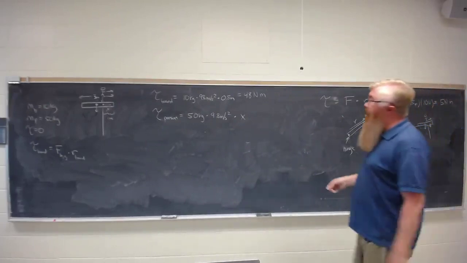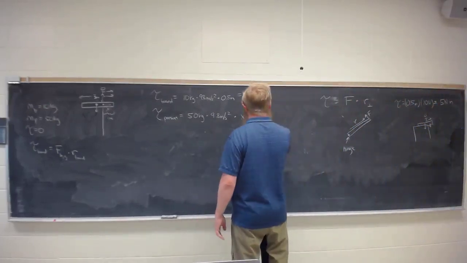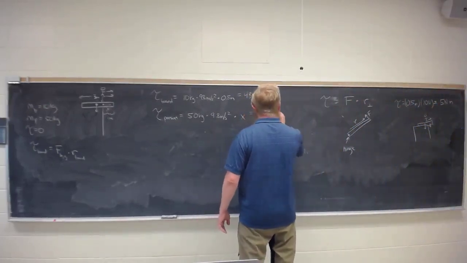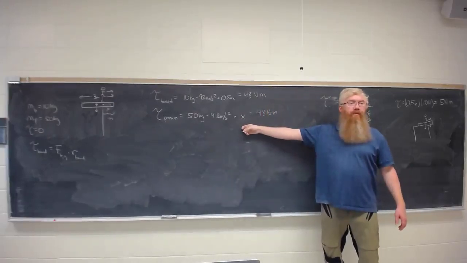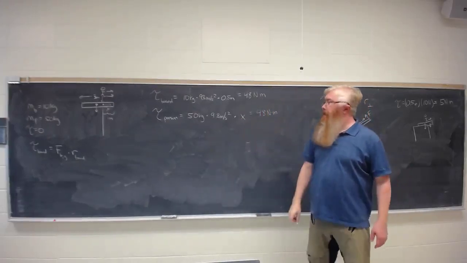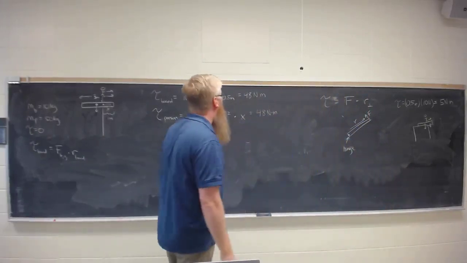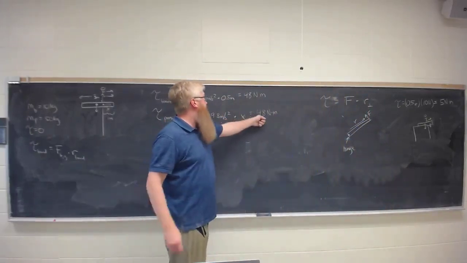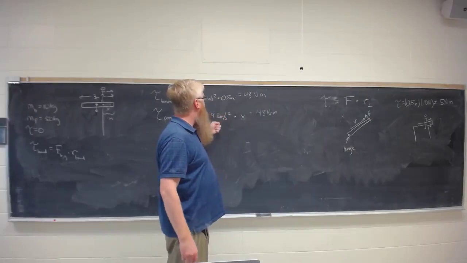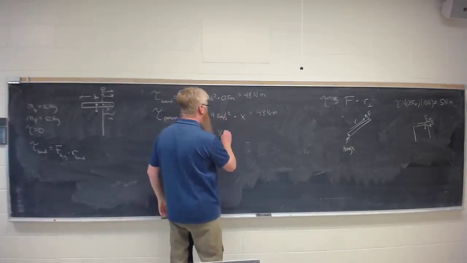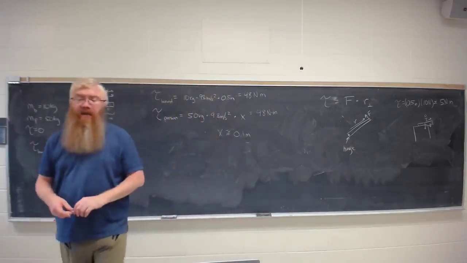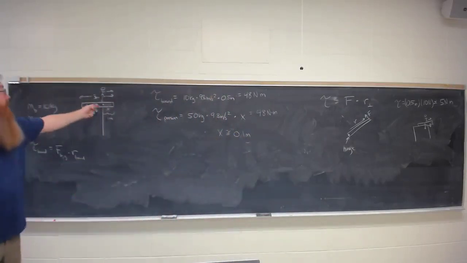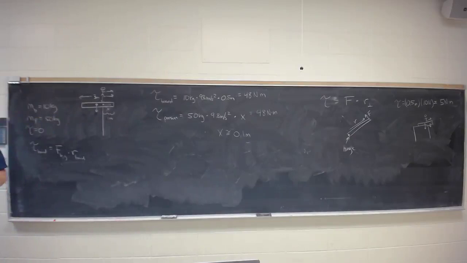That has to equal the torque of the board for it to be balanced, 48 Newton meters. I have everything here, I can solve for x. Approximating, 50 and 50 are about the same, so dividing by 1, and then dividing by 9.8, x is going to be approximately 0.1 meters.